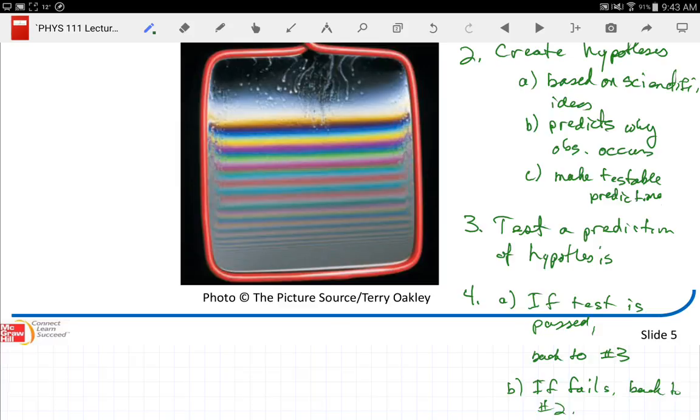Create a new hypothesis, because now you have more knowledge. You know what it's not. You can make a more accurate hypothesis in theory. And as you go through this, you keep ruling out things until, if you remove all that's wrong, you're left with what's right. And how long does it take to get to what's right? You're never proven right. But the more you go at it, the stronger your confidence becomes in it. So this is the scientific method.